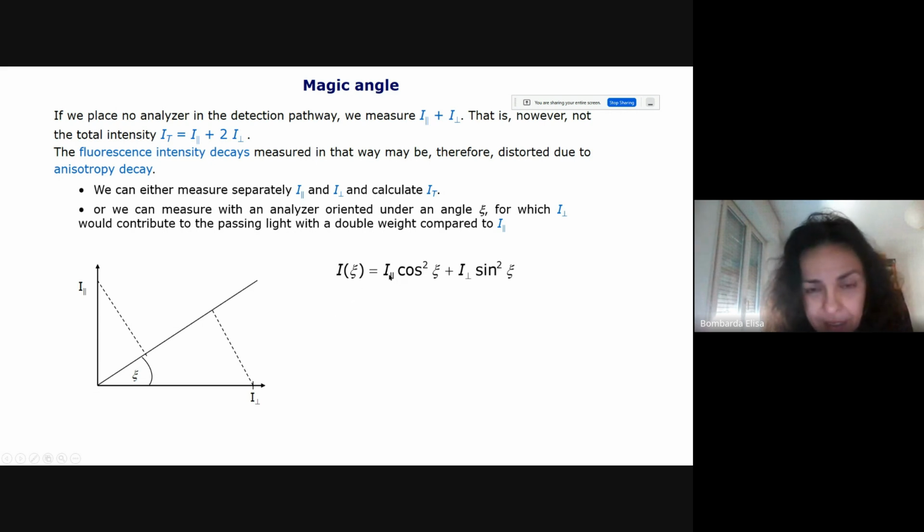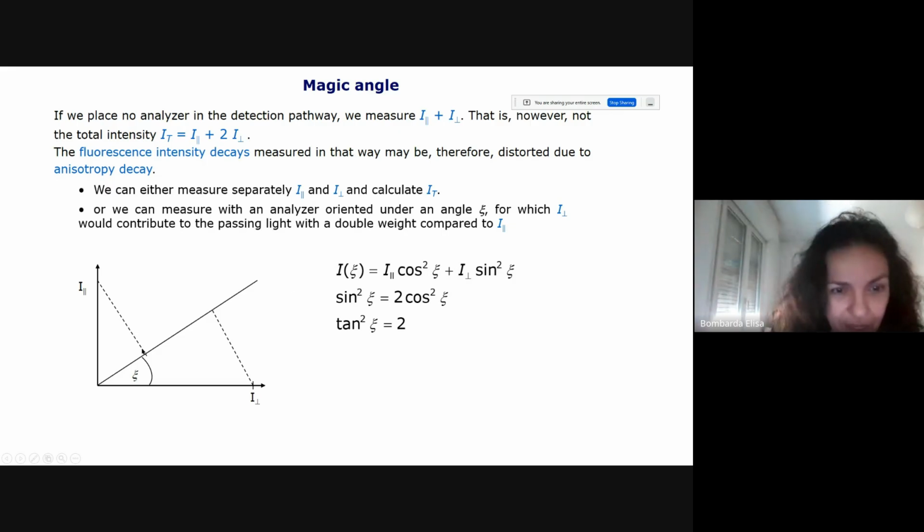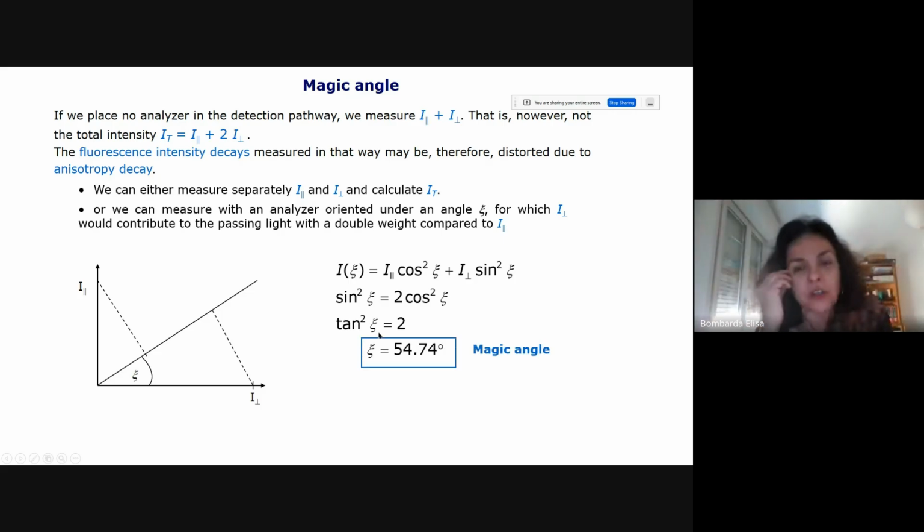So practically, that is the equation. We are looking for this angle, because that is the intensity that we will detect. We are looking for this angle for which the sine squared is 2 times the cosine squared. So we are solving this trigonometric equation, and we will get 54.74, which is the magic angle.